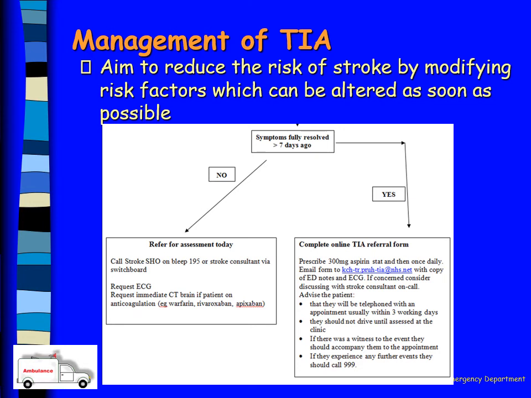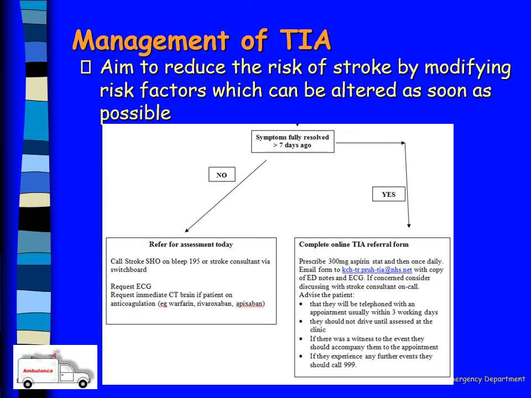So if someone presents with a TIA and the symptoms have fully resolved and the TIA was more than 7 days ago, you follow the yes pathway, and that's when the patient can probably be allowed home. You can do an online TIA referral, prescribe 300 milligrams of aspirin once a day, and you email a referral form to the address on this slide with a notice and an ECG.